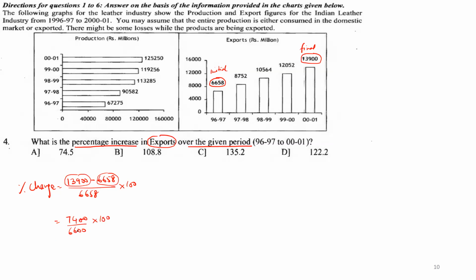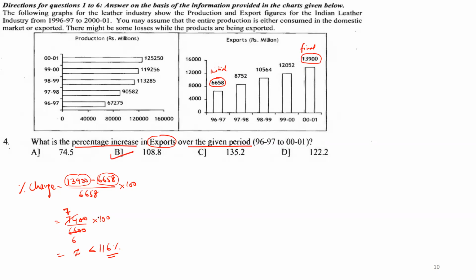Okay, 11 का टेबल यूज कीजिए for the timing. So 11 sevens are 77, 11 sixes are 66. So my answer should be less than 116%. And tell me which option is less than 116% right now. 108. 108 answer हो जाएगा.